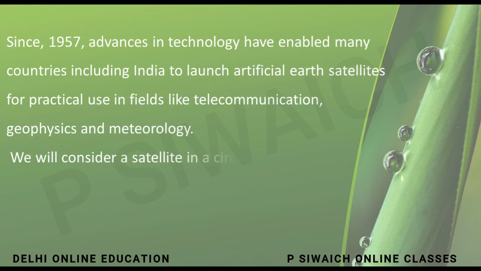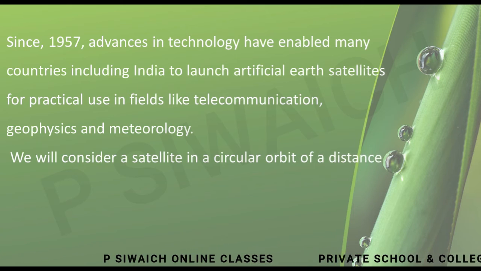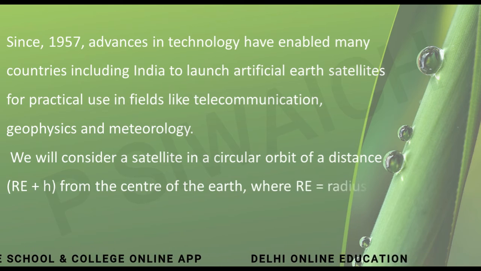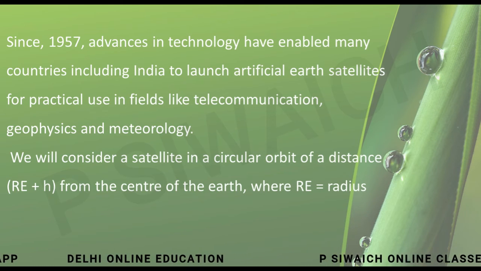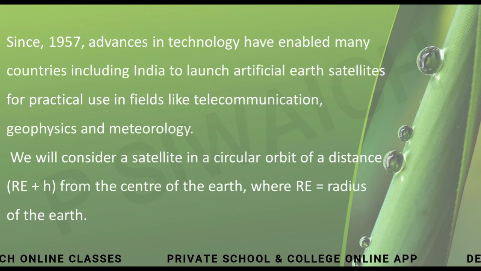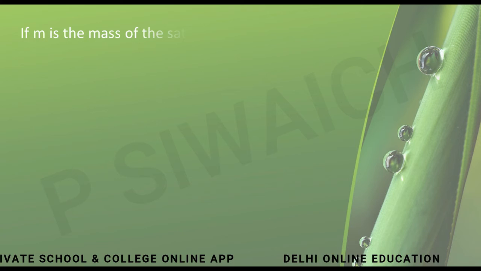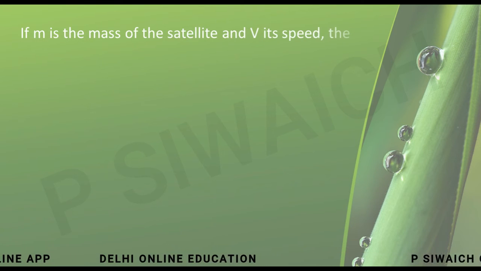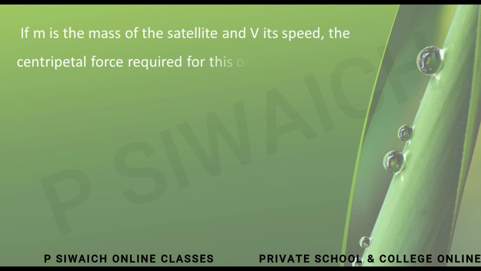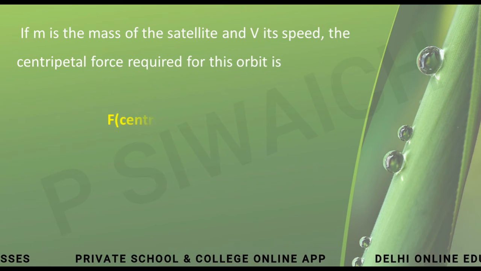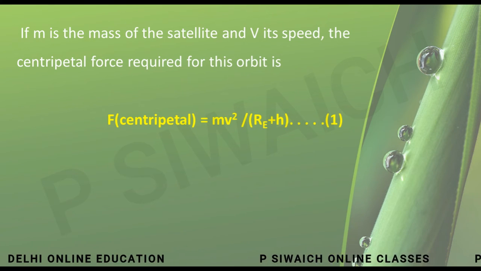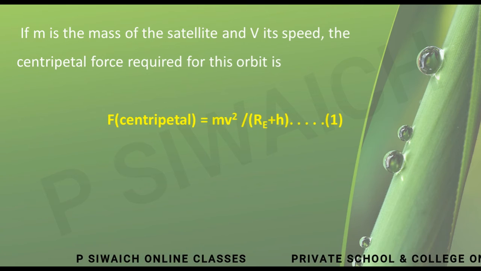We will consider a satellite in a circular orbit at a distance RE plus h from the center of the Earth, where RE equals the radius of the Earth. If m is the mass of the satellite and v its speed, the centripetal force required for this orbit is F centripetal equals mv square over RE plus h, that is equation 1.